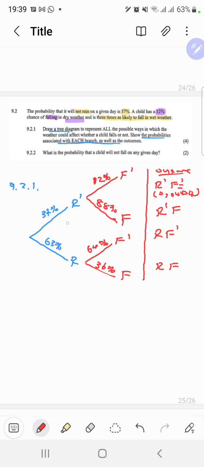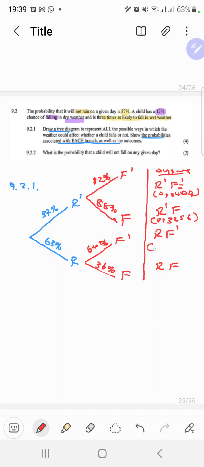And then this one is going to be 37% multiplied by 88%. So this is basically 0.3256.